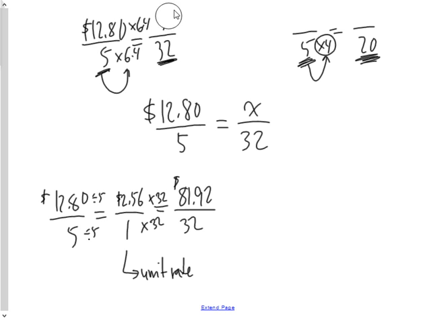So therefore, x would be 81.92, okay? That's part of our proportional reasoning thing, is just figure out what did you multiply a number by to get another. So that was the second method we could use.